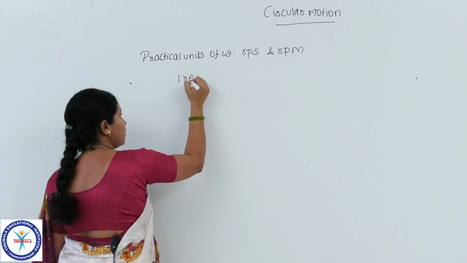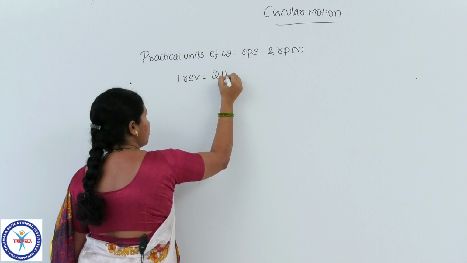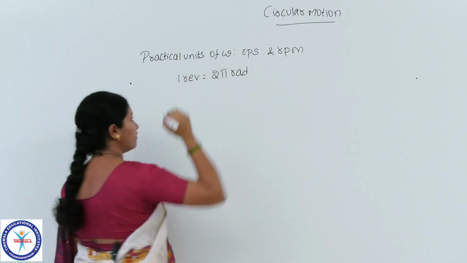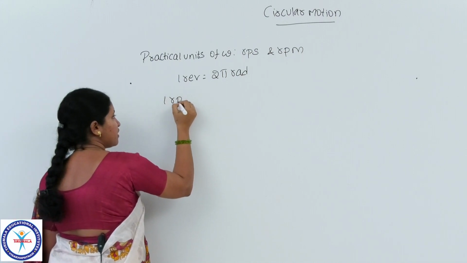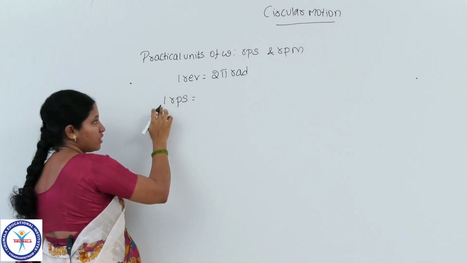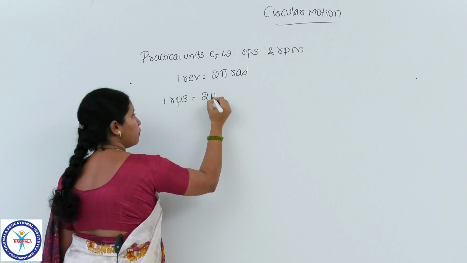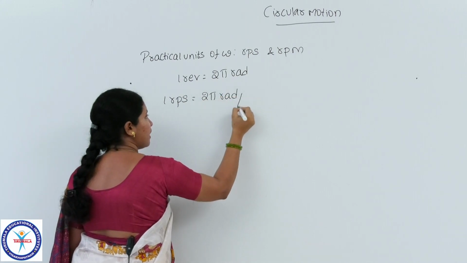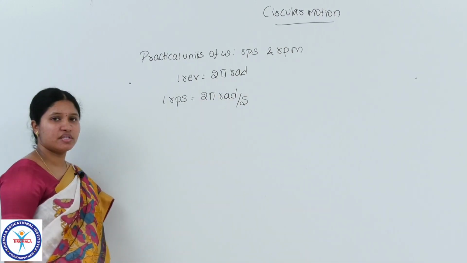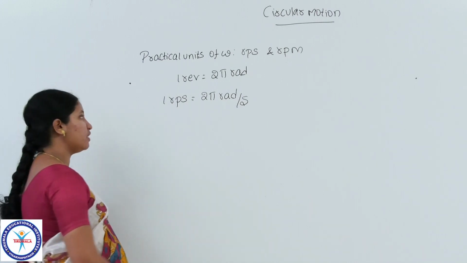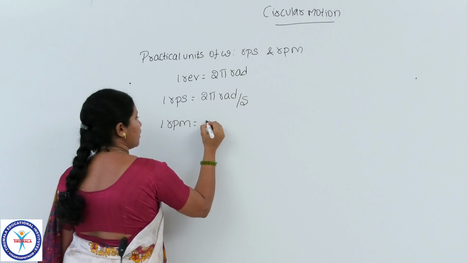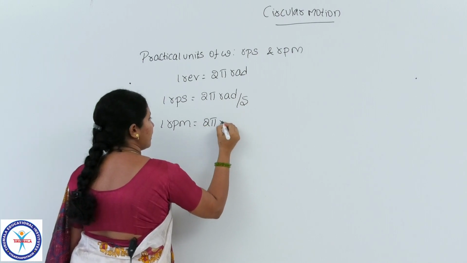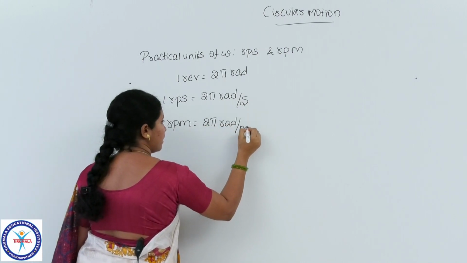So 1 revolution is equal to 2 pi radians. So 1 rps is equal to how many revolutions? 1 revolution, so 2 pi radians by second. So 1 rps is equal to 2 pi radians per second, and 1 rpm is equal to 2 pi radians per minute.